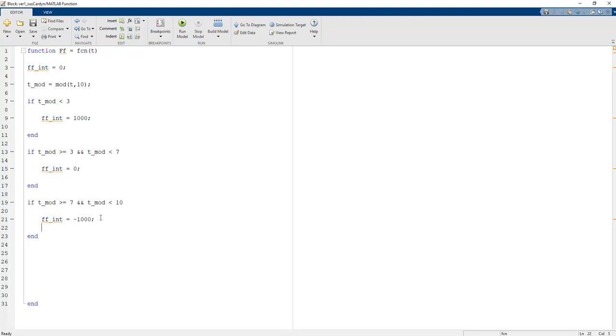Then ff int is produced as minus 1000 from 7 to 10 seconds, which is the braking mechanism in our code. Then ff is equal to ff int, and our code is completed.